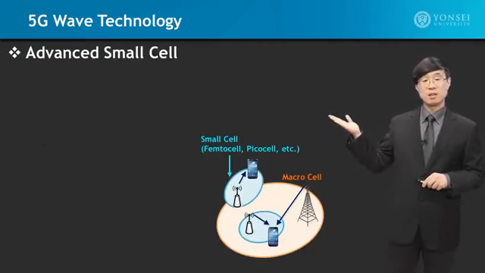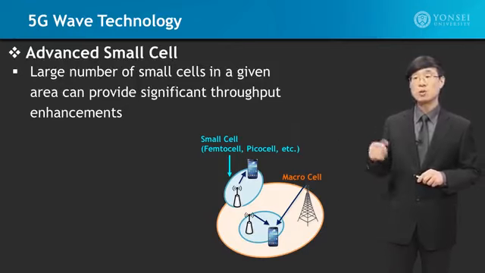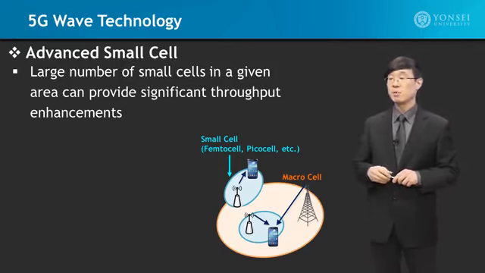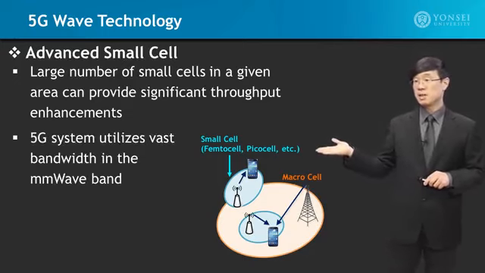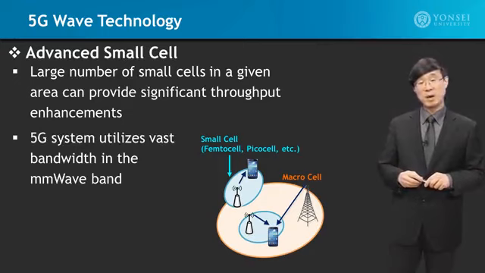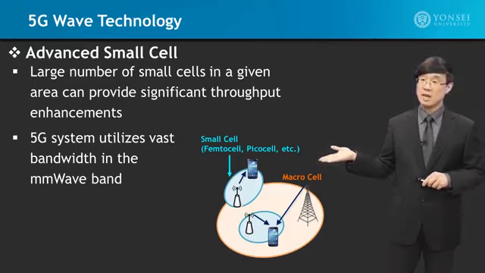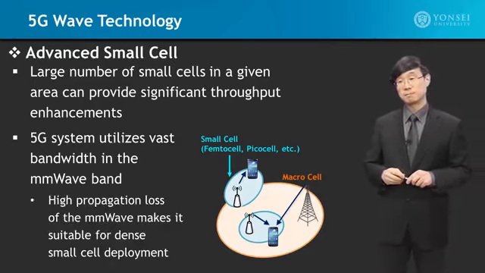Advanced small cell technology, like in HetNet technology and SON, self-organizing network supported technologies, in 5G mode is also needed. A large number of small cells in a given area can provide significant throughput enhancements. 5G systems utilize vast bandwidth in millimeter wave bands, and these need to be included very intelligently and scheduled effectively in 5G techniques.